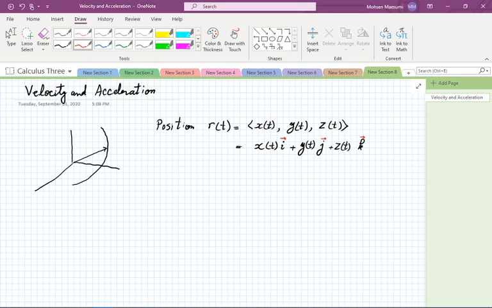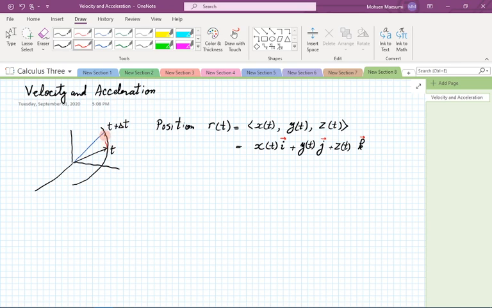So that's the position. So what is meant by velocity? Suppose this particle moves, and this is the start of the trip at time t, and then a moment later it is at the position at time t plus delta t. So what is the displacement?